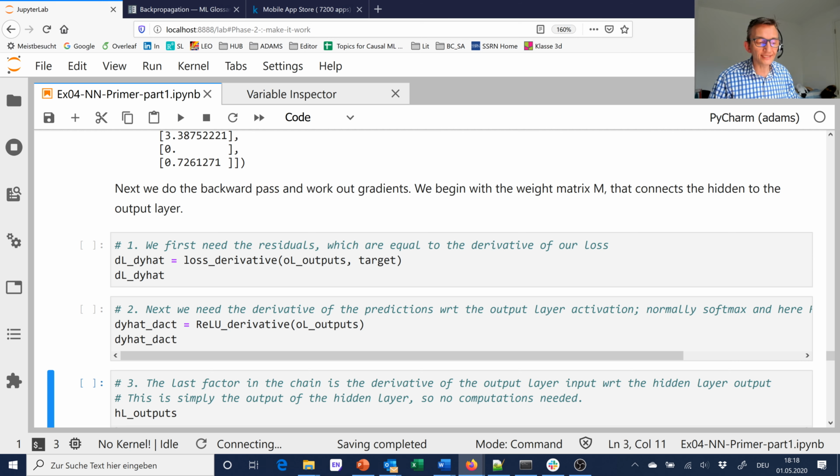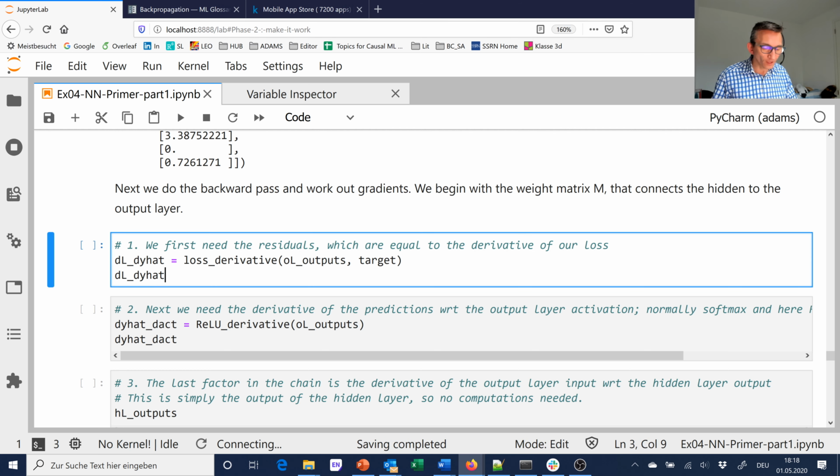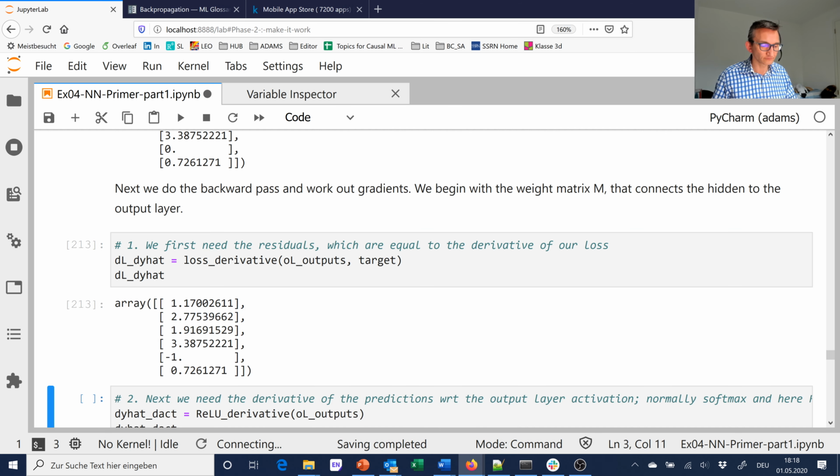The first bit we need will be the derivative of our loss, which is the residual. I can make use of the function that I implemented earlier to calculate that. I denote that by dl, the derivative of the loss with regard to y hat, our forecast. And it's just the residual. Just looking at it, we see it's quite a big residual here.